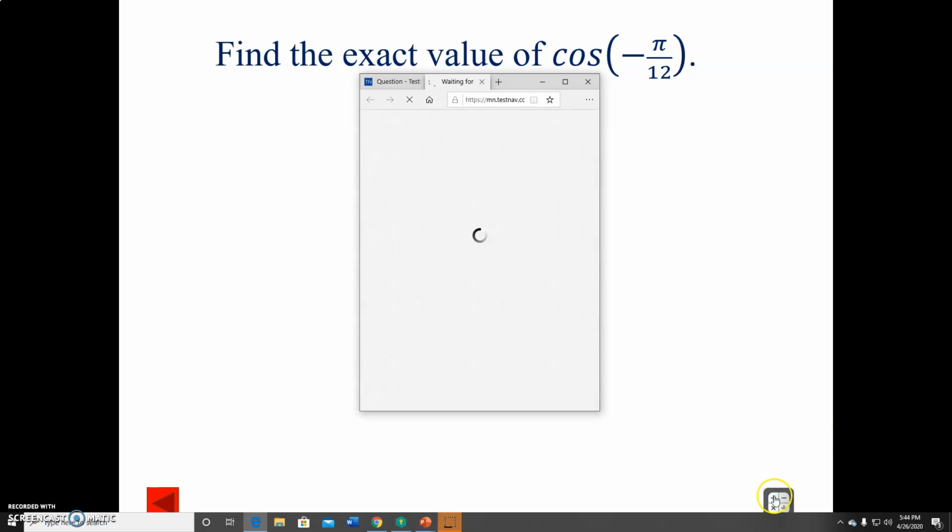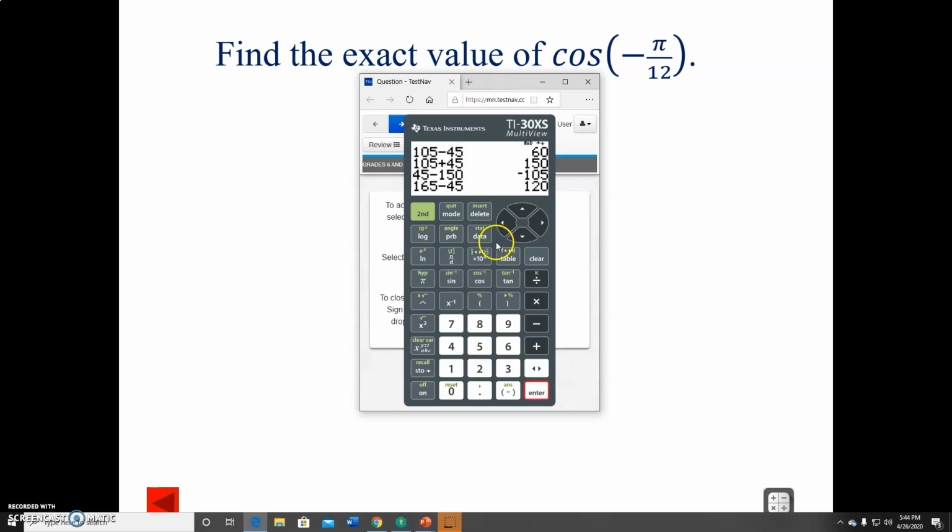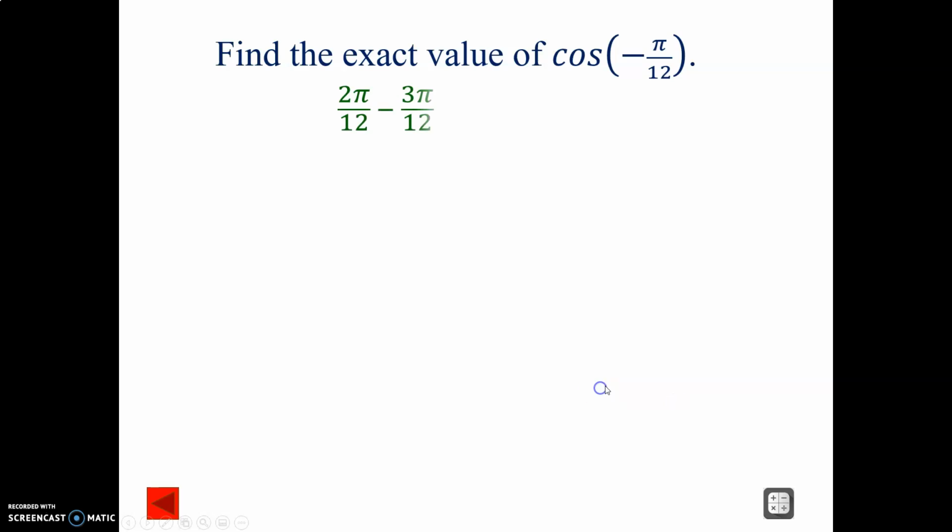So I could do negative 1 plus 3, there's our 2. But 2 minus the 3 will give us the negative 1. There's a 2 pi over 12 minus 3 pi over 12.